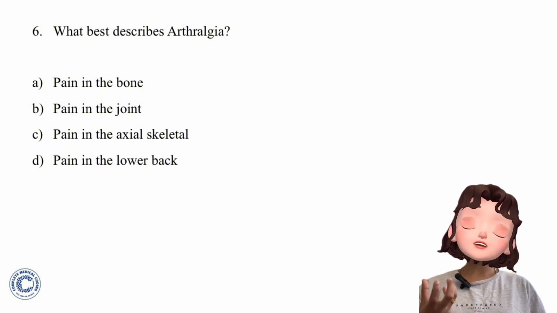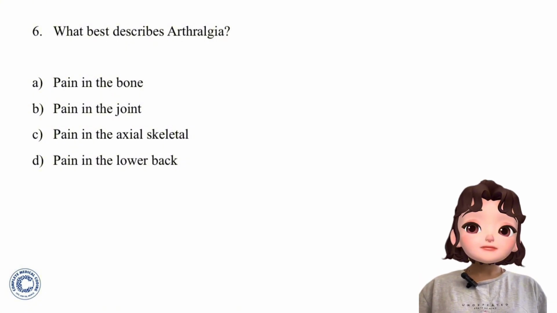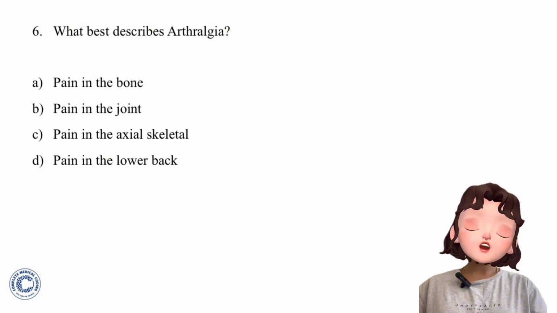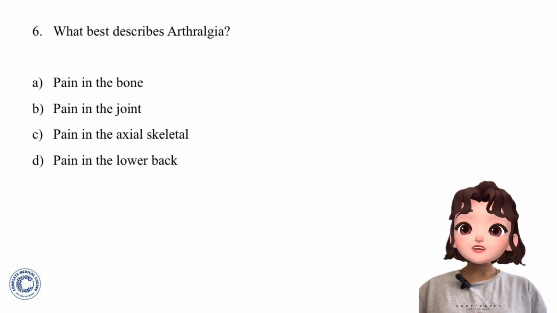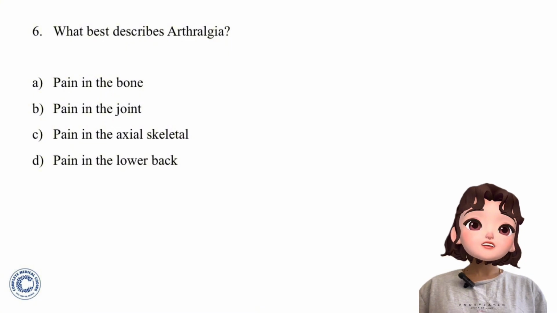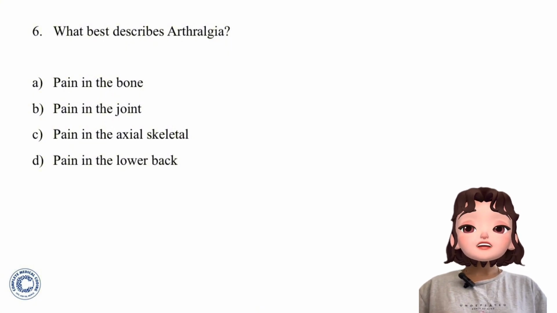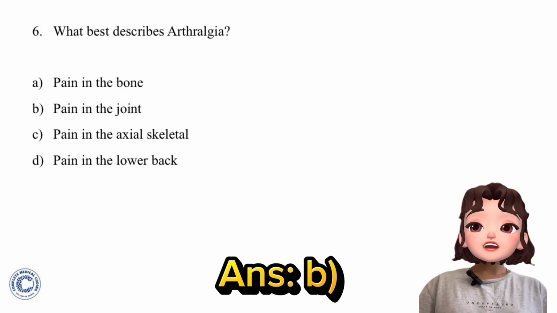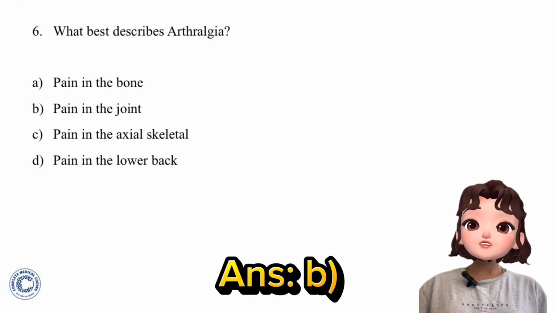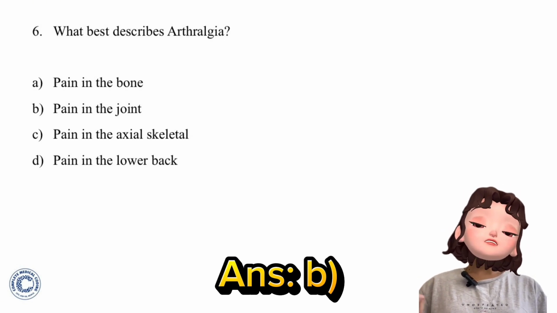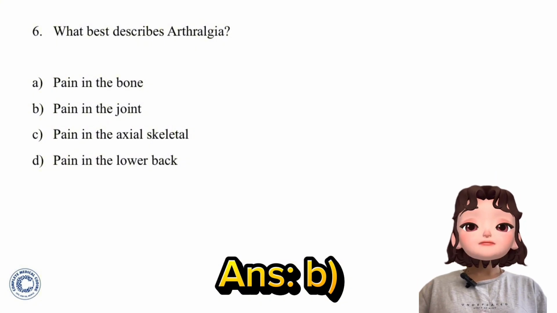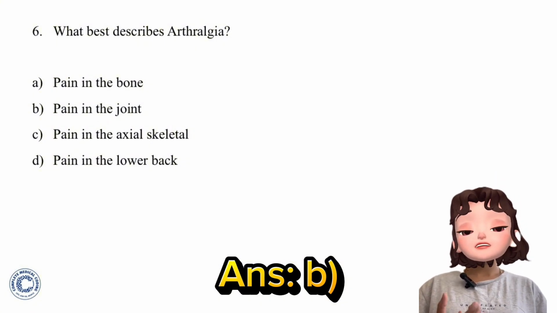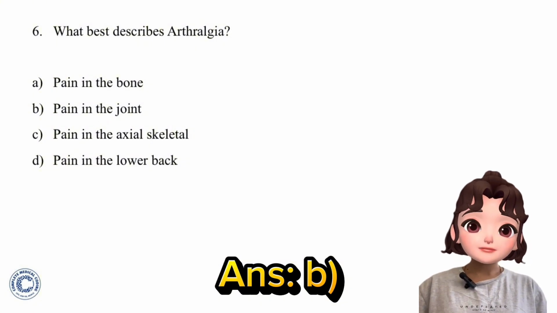What do you exactly mean by arthralgia? It is pain only, whether it is pain in the bone or pain in the joint or pain in the lower back or pain in the axial skeletal. What is it? It is pain in the joint. So answer is option B. Arthralgia means pain in the joint. Whichever part the joint is, that is pain in that particular joint.